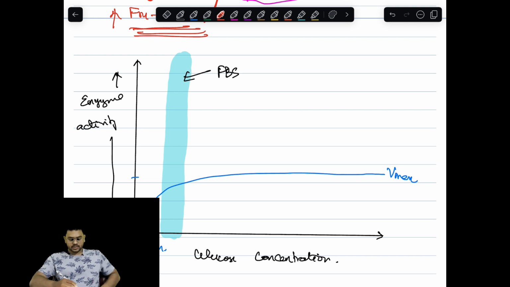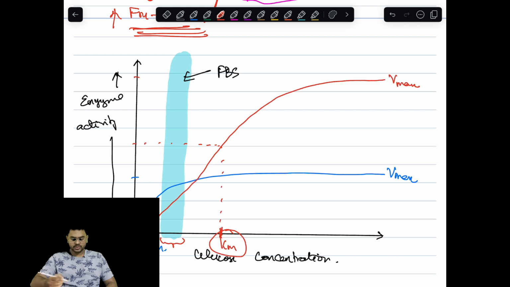Unless the blood sugar increases to this much level, this is the fasting range, it does not even achieve the half Vmax state. But at very high concentration, it will achieve it, and it is a high capacity enzyme. So this is how we can represent them.